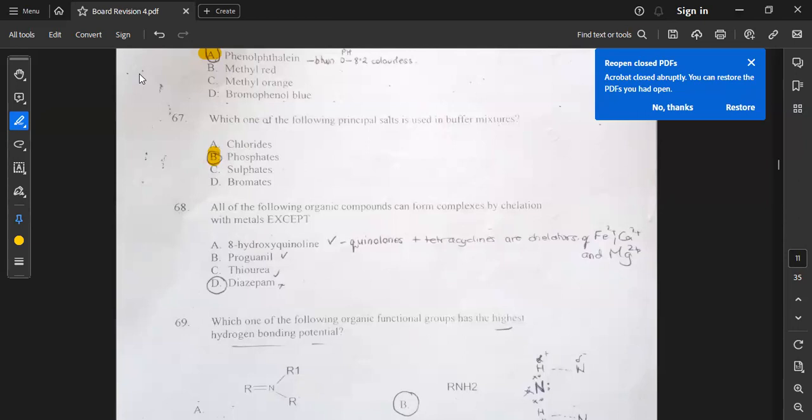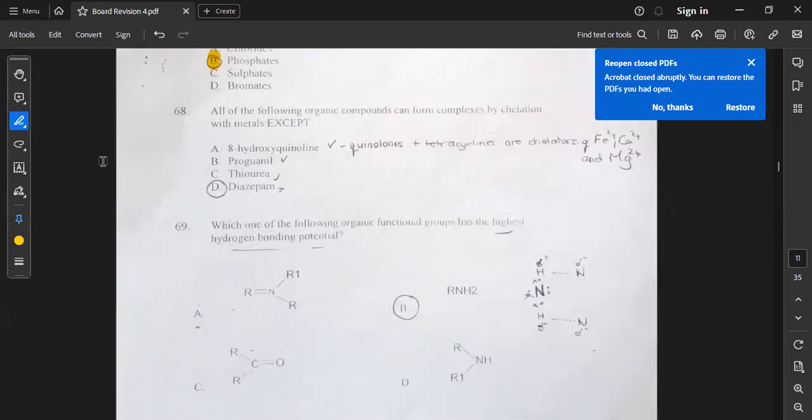I think they've said they are pharmacists, they are not chemists, so they are not good in chemistry.